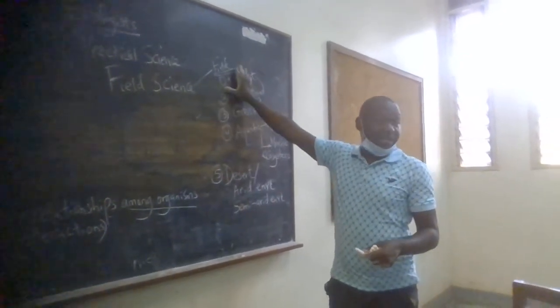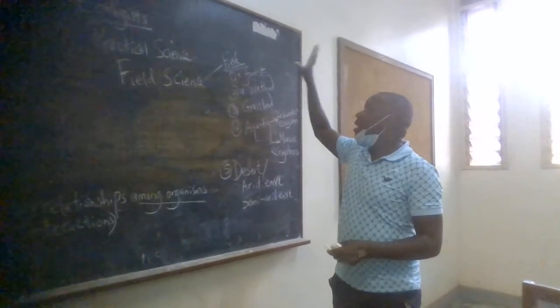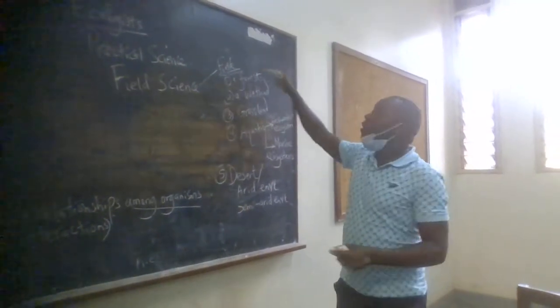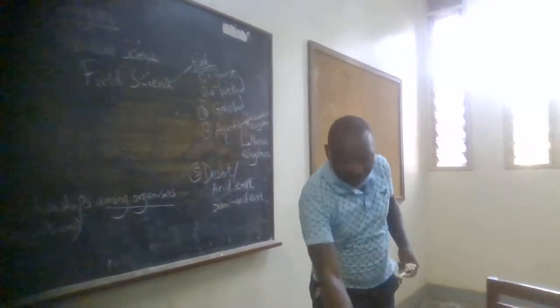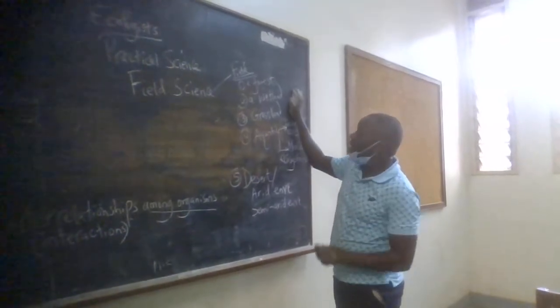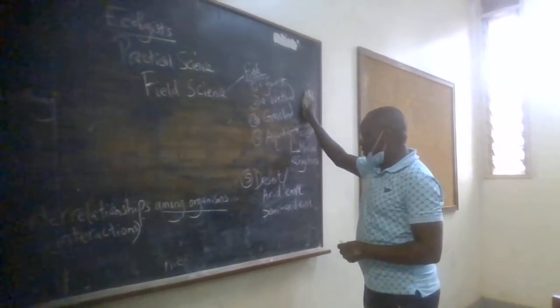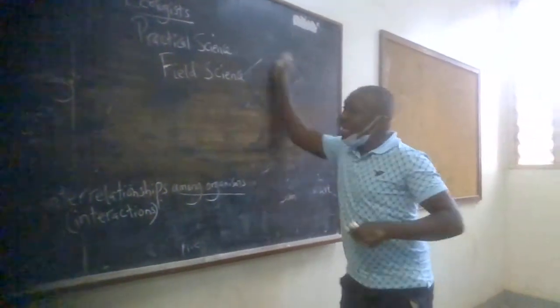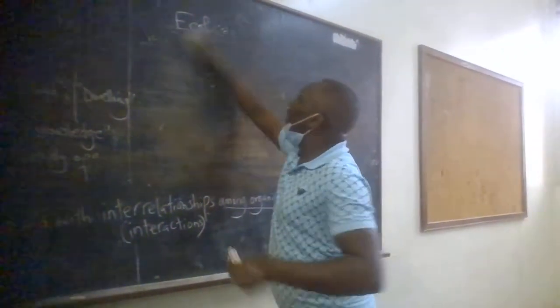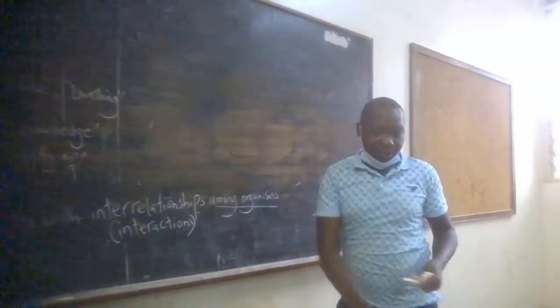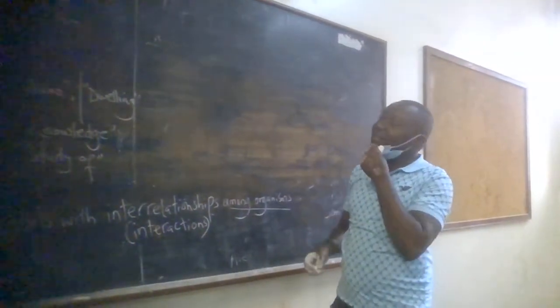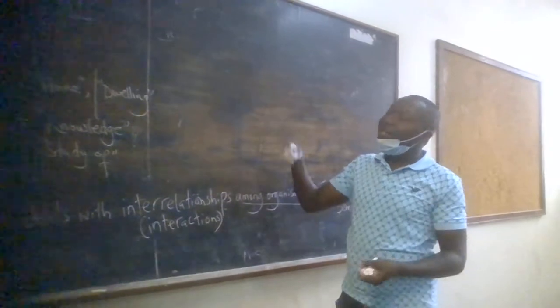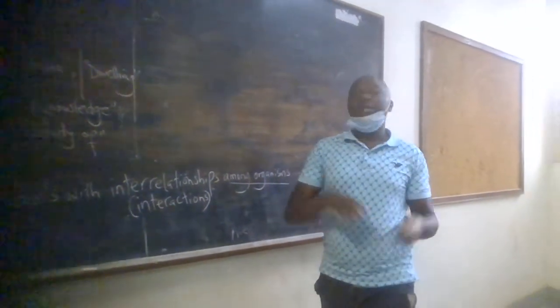Go to natural habitats or natural protected areas. Some of them are called protected areas. So ecology is a field science. And you could do lab-based studies or experiments, but most ecological research is in the field.